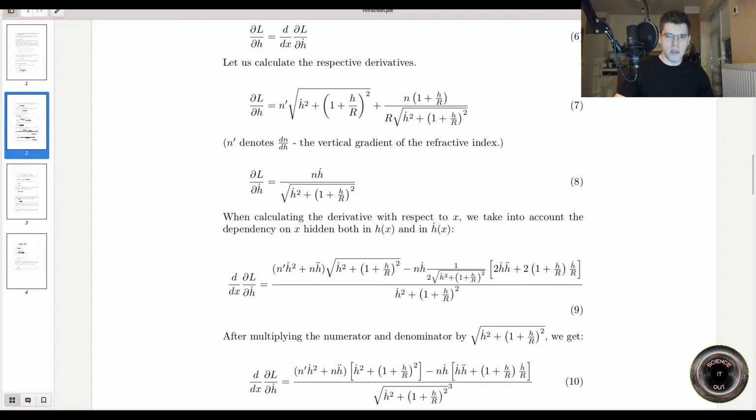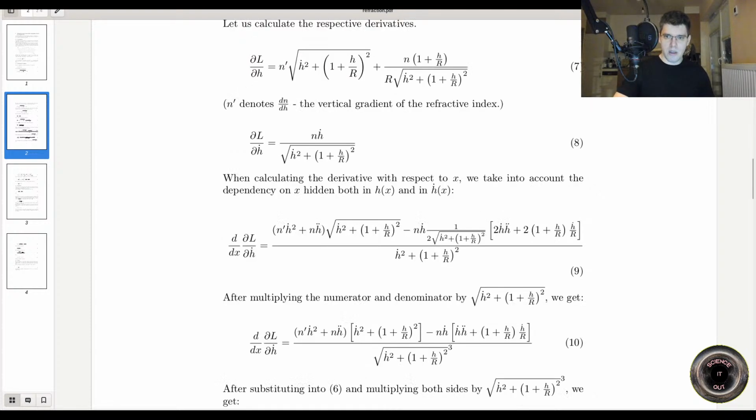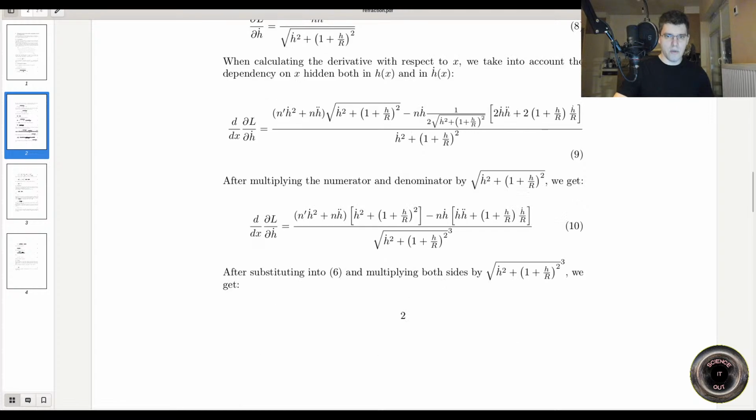So this part is supposed to be the derivative of the numerator times the denominator, minus the numerator times the derivative of the denominator. So that's the rule for calculating the derivative of a ratio of two functions, divided by the denominator squared. Yeah, so this square shouldn't be here, but I think the final equation is correct, so we will see.